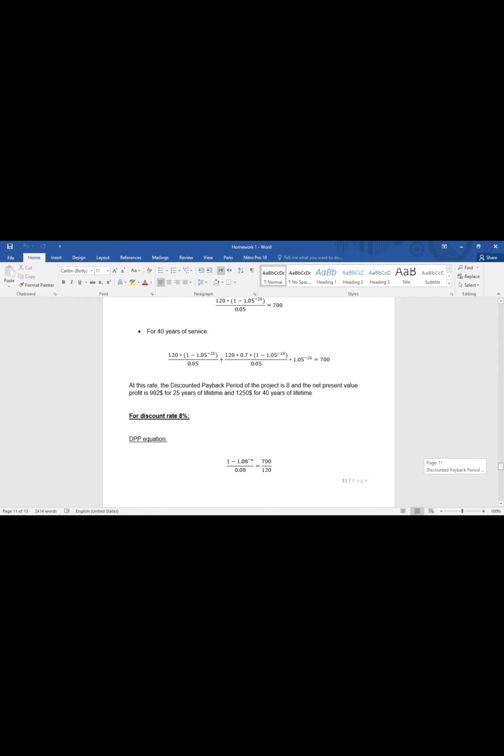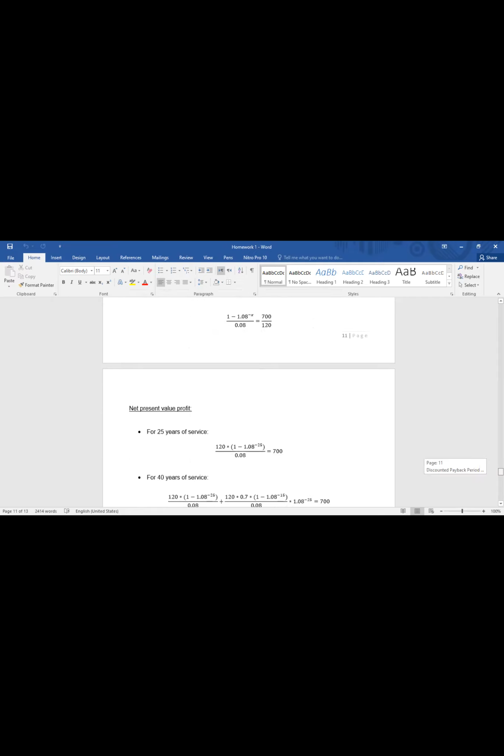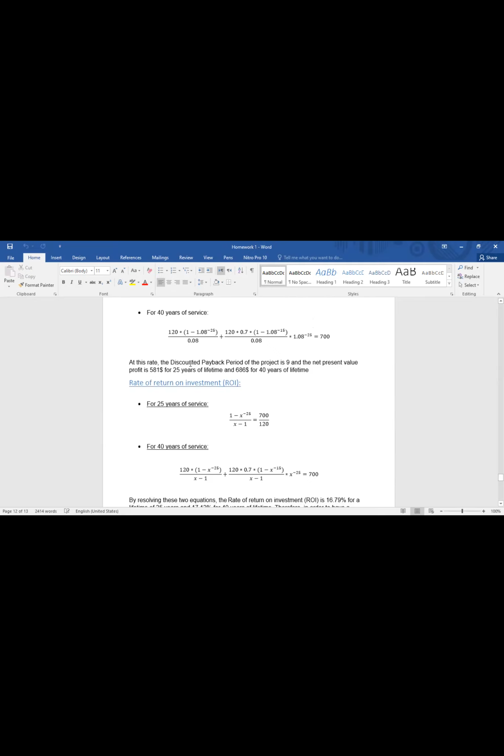For an 8% discount rate, the discounted payback period is 9 years, and the net present value profit is $581 for 25 years and $686 for 40 years.